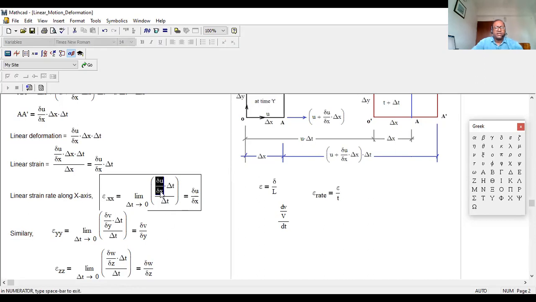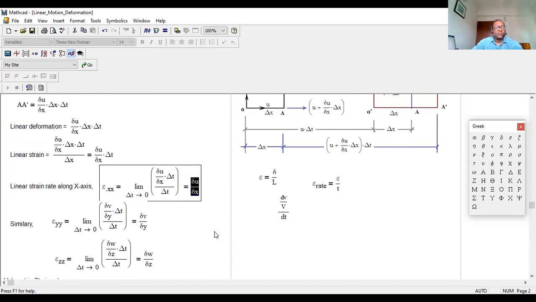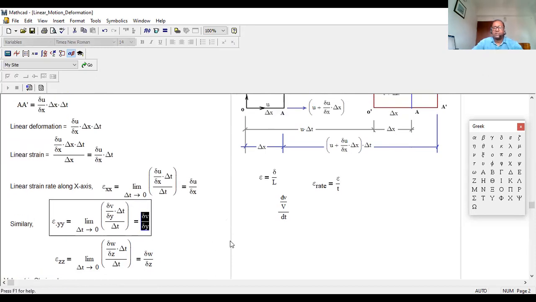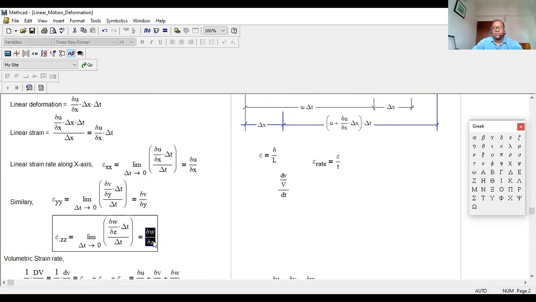Then this comes equal to del u by del x. Similarly, along the y-axis, the deformation will be this much strain rate, and along the z-axis, this much. So this fluid element, actually, is a cube, right?